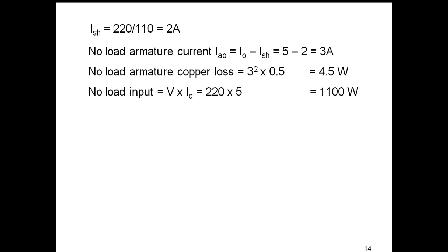So substitute the value of V and I naught, that is 220 into 5, we get 1100 watts.